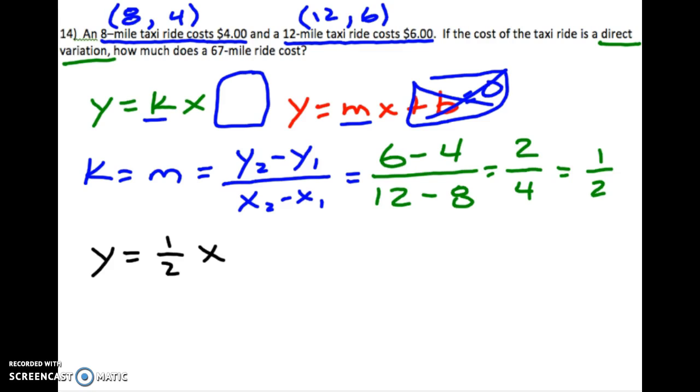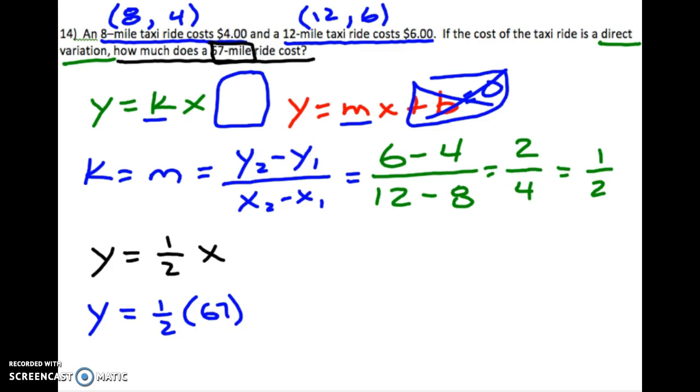Now, to actually get the answer for what we want to know, how much does a 67-mile ride cost, we're going to fill in 67 for the x. So we'd have y equals 1/2.